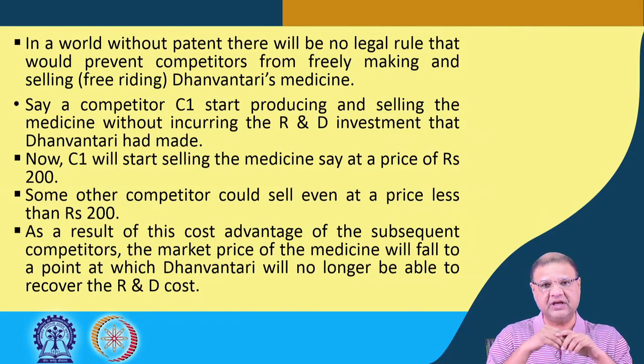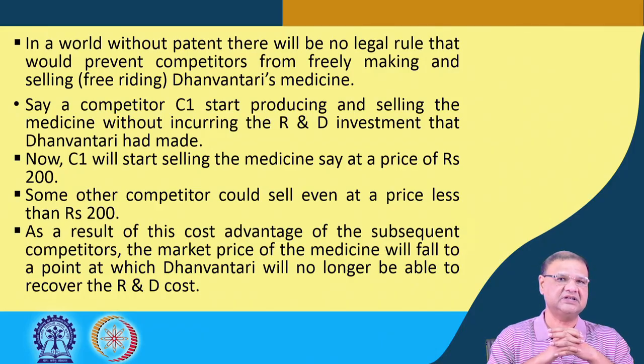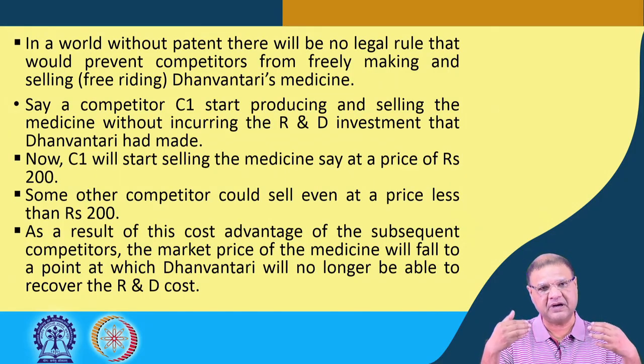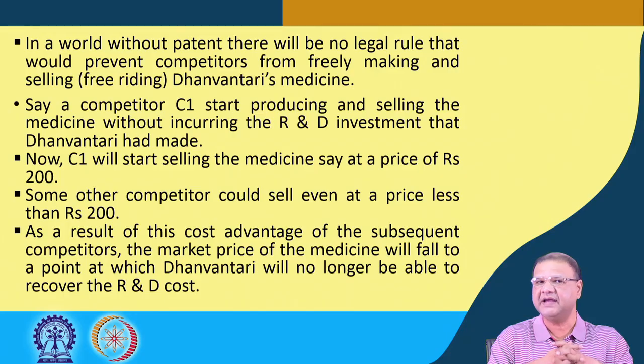Now, since the first competitor has not made any investment in research and development, it can do away with recovering 100 rupees from each strip of medicine, because it has made no R&D investment.